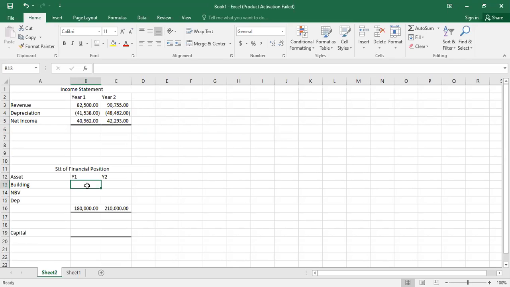Now I go to the statement of financial position, right? So which cash am I supposed to set aside as the figure for depreciation?